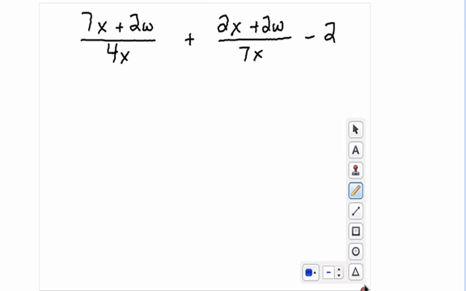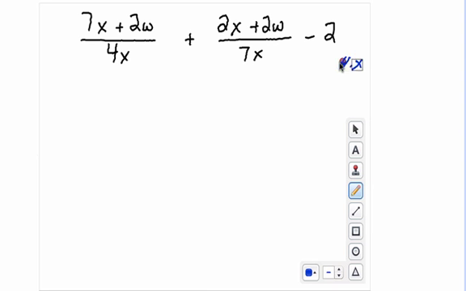Let's look at one more example. Okay, so we're adding these fractions together. We need to get a common denominator. Again, it doesn't have any addition or subtraction down here in the denominator, so that's nice. We do have this other whole number, so we don't want to forget about it. So we're basically looking at 4 times x.